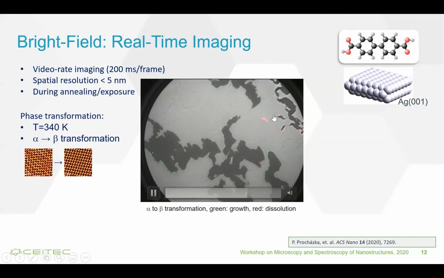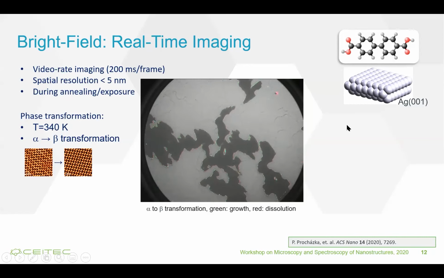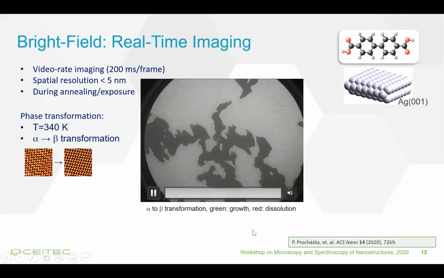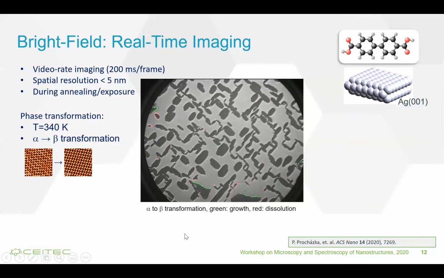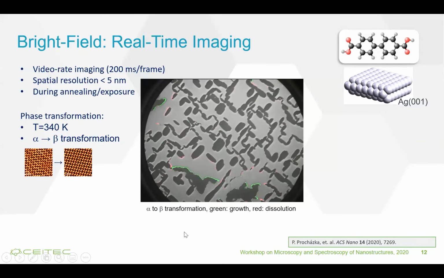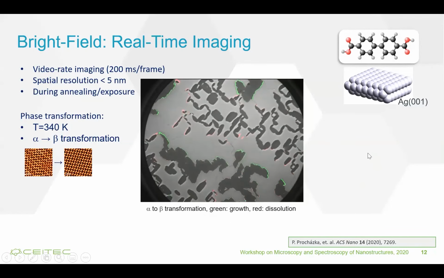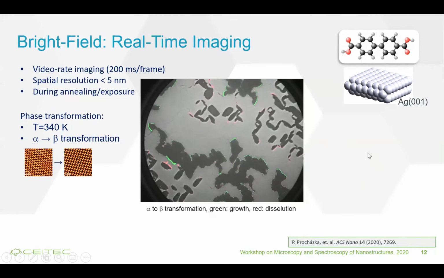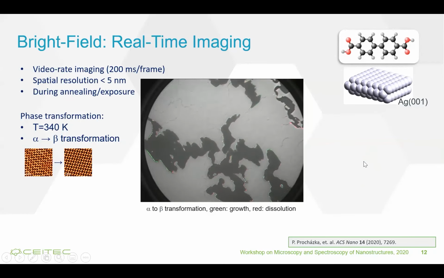Then from this molecular gas, the molecules are transferred to the new growing phase. So this allows us to consider how these molecular systems are transformed and see the kinetics, and in combination with theory, we can derive some dynamics of this molecular phase evolution.